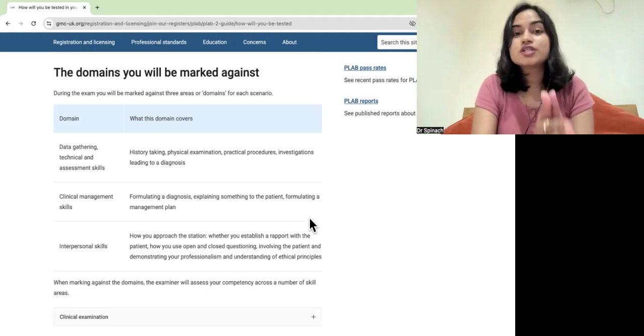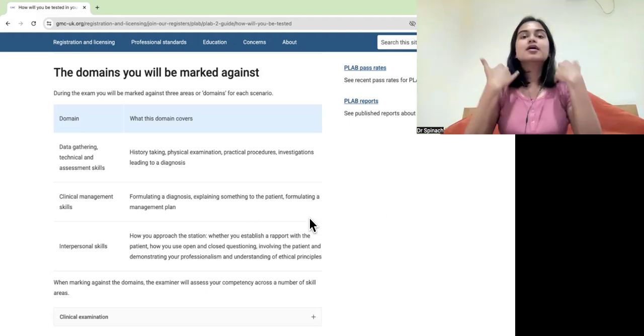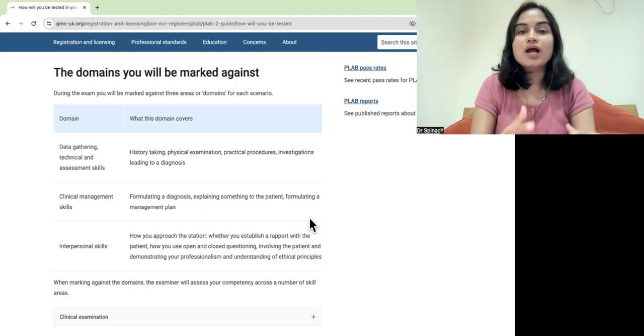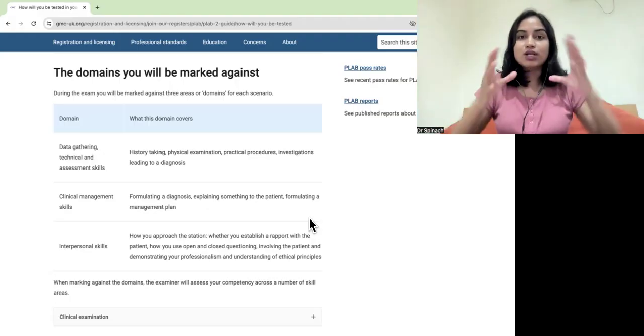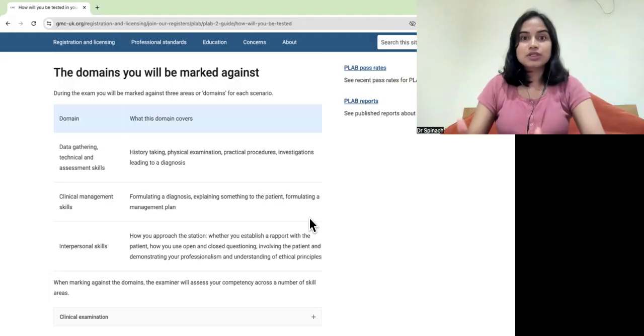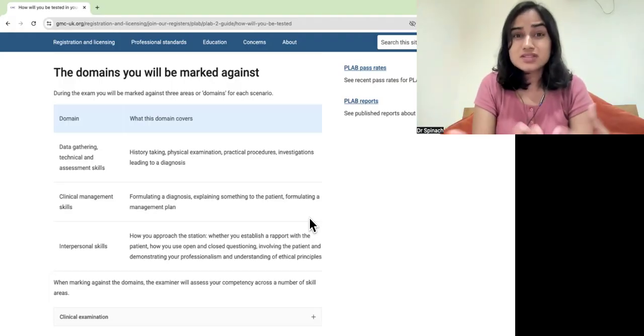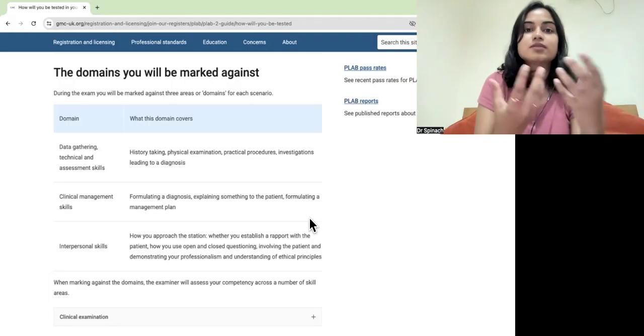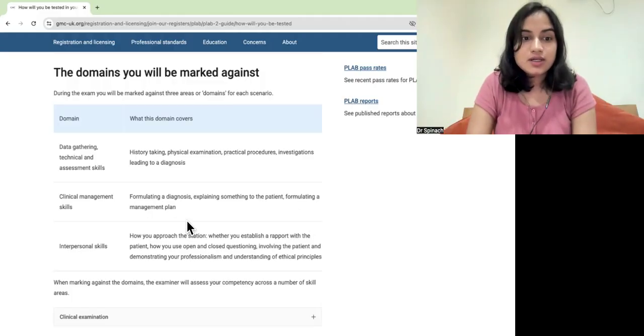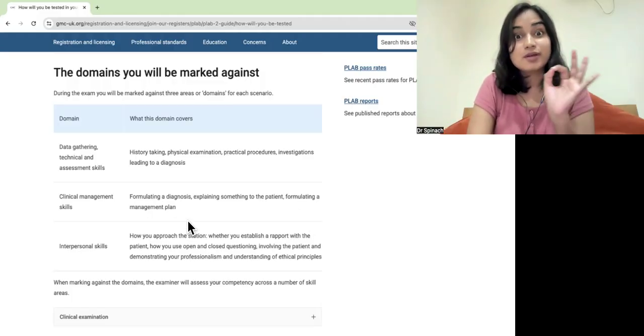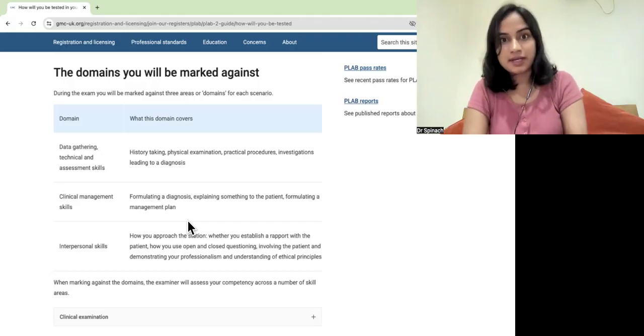It's not just the delivery of the management plan, but how you formulated and laid it out that examiners mark you on. Of course, the management also should be correct.